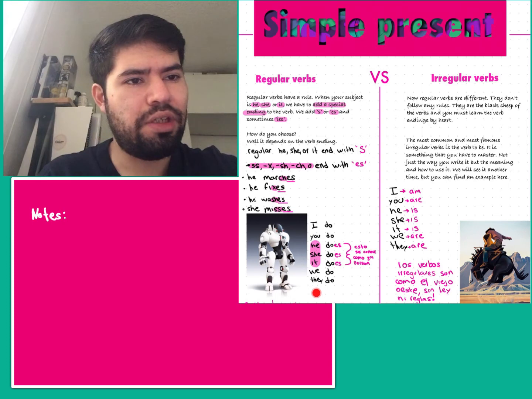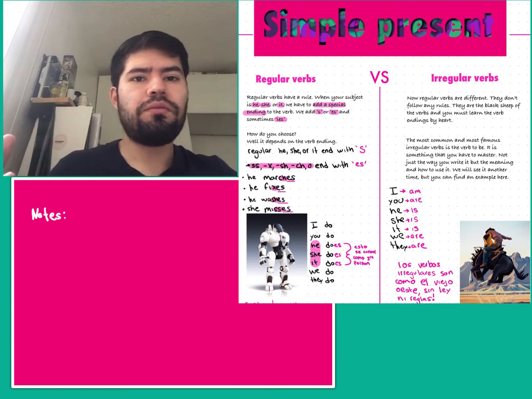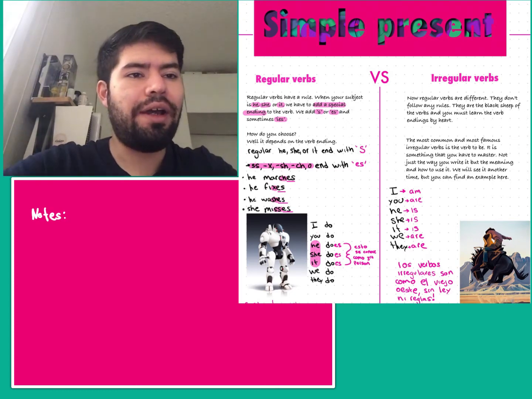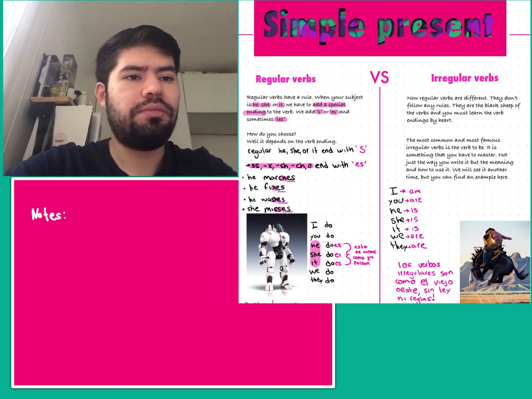I, primera persona; you, segunda persona; we and they. Los que necesitamos ponerle mucha atención son estos de aquí.